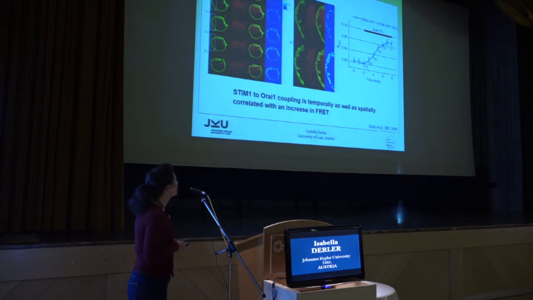So STIM to ORA coupling is temporally as well as spatially correlated with an increase in FRET. And what happens next? Calcium can go into the cell, but prior to this, we first wanted to know if some domain of the STIM protein is already sufficient to couple to ORA and to activate those channels.